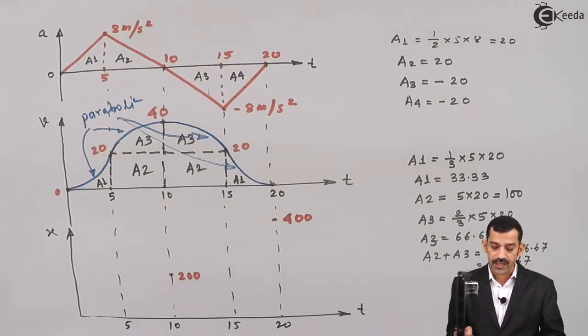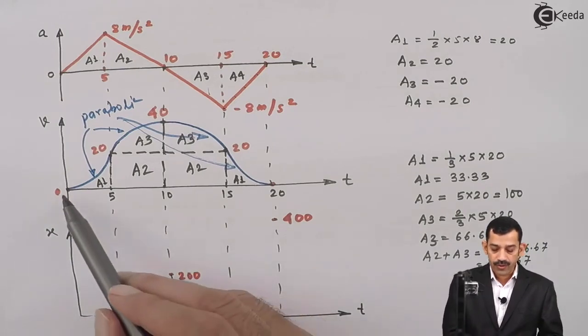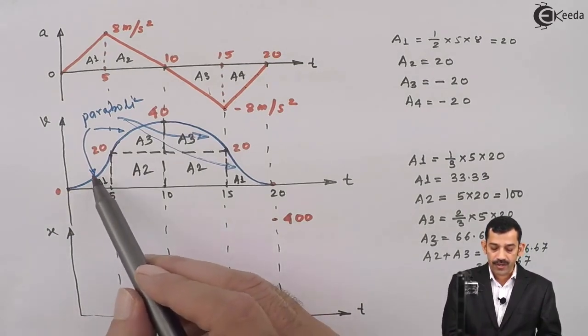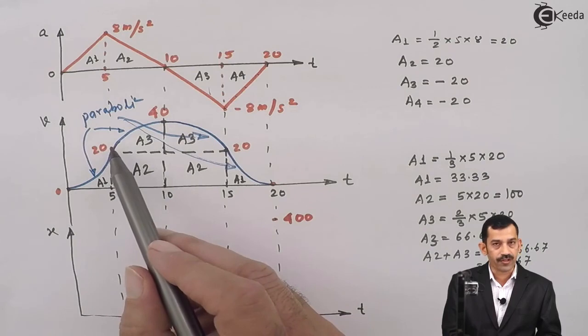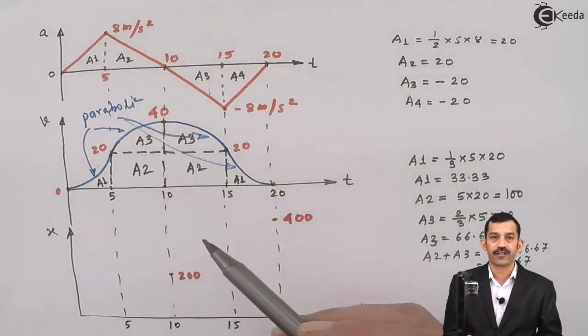Now to draw the XT diagram, you have already drawn the VT diagram, in which the nature of the curve is parabolic. That means in the XT diagram, the nature of the curve is cubic. From 0 to 5 seconds, velocity is increasing in the positive direction, and from 5 to 10 seconds velocity is also increasing.